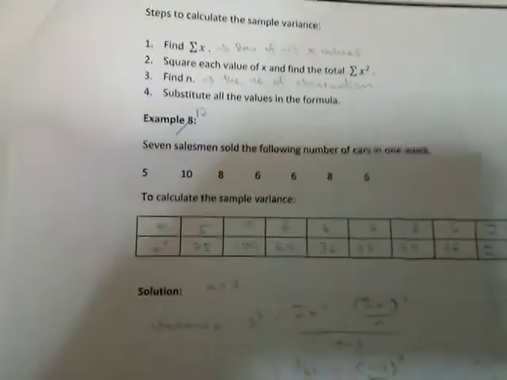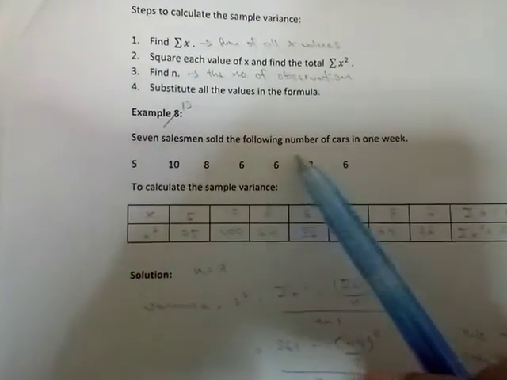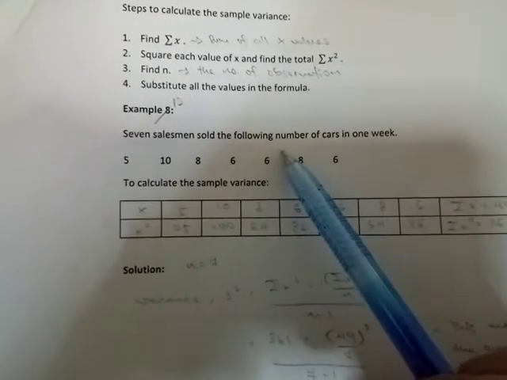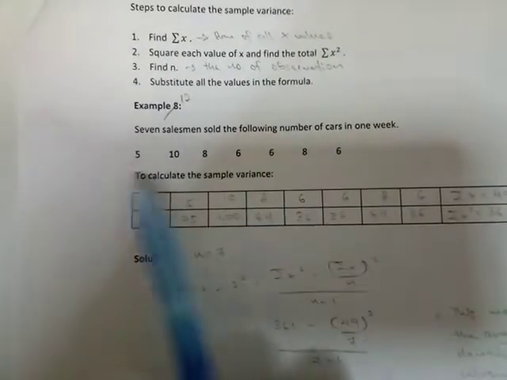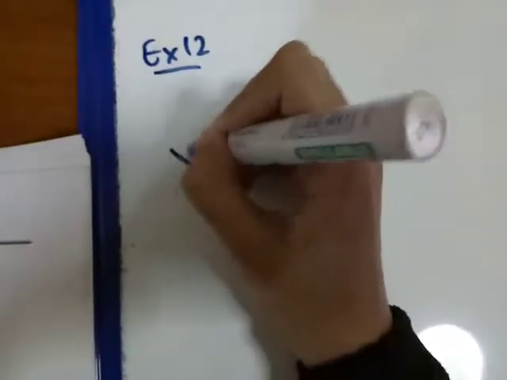Okay, look at example 12. 7 salesmen sold the following numbers of cars in 1 week. So this is the data values. How to calculate? First step, you have to sum up all the values of X. If it is in a table, you fill it in.